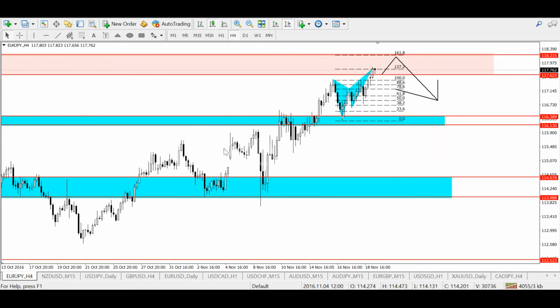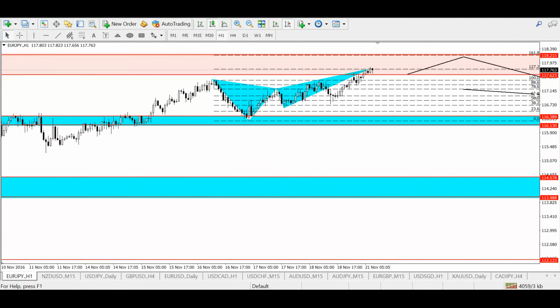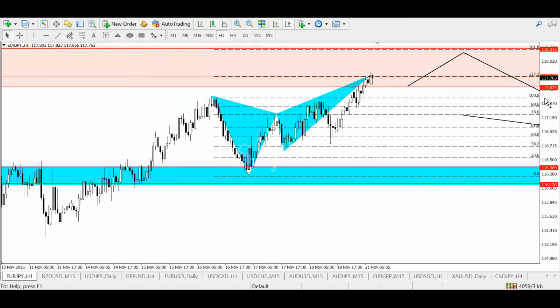So that's for Euro yen, and yep, I'll just be waiting. Most likely, just look at the 1 hourly chart. We still haven't really seen any kind of prominent exhaustion happening right here. Although the price is now sitting at 127.2, I'll be waiting for it to reach 161.8%.